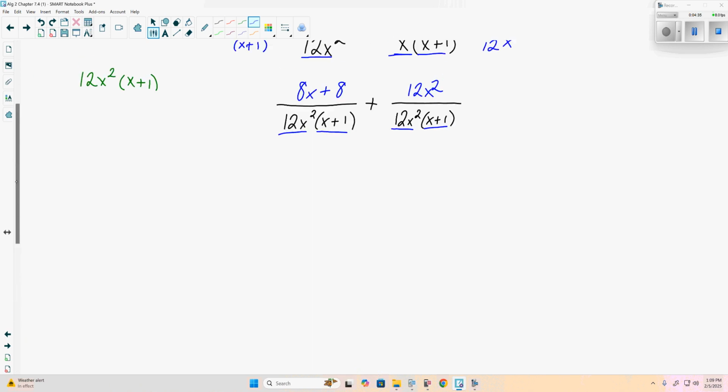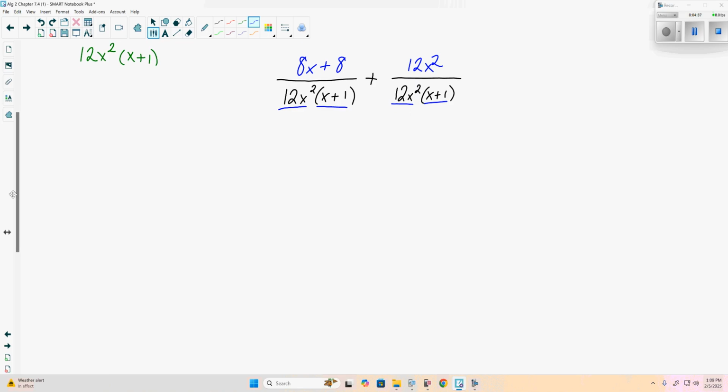Now at this point here, it might be very tempting to want to simplify the 12x squared and 12x squared out because they are in common on top and bottom. However, we can't, because if we did simplify this, that would go away, the top would become 1. Are the denominators still the same? No. So we can't add and subtract if the denominators aren't the same.